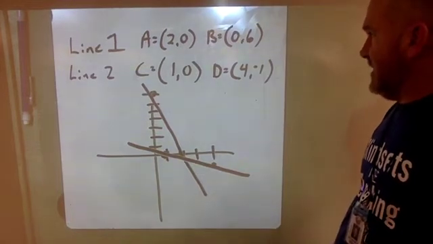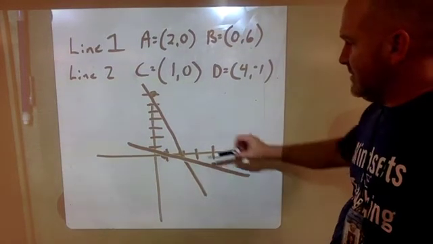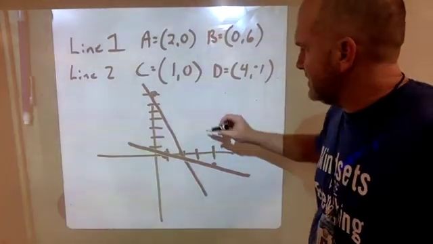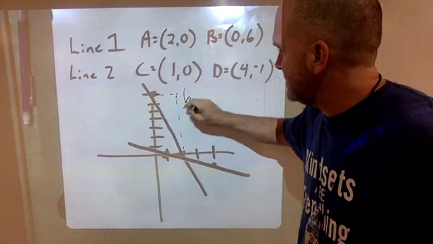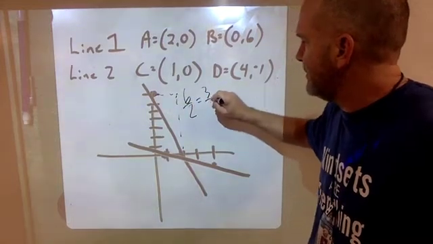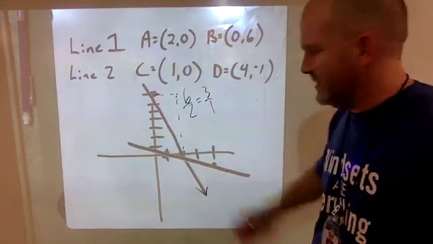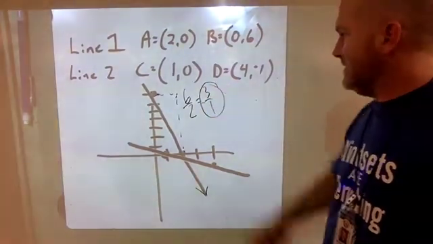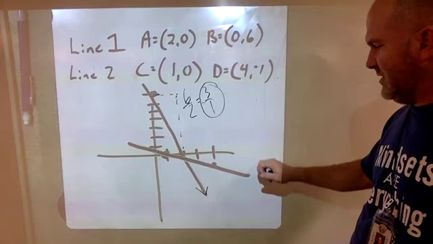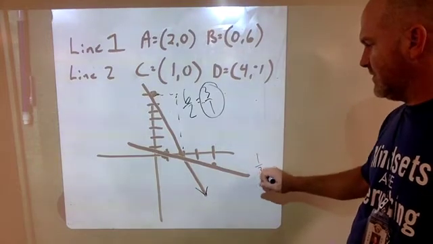So for the first line, (2, 0) and (0, 6), you are going up 6 spaces and over 2, so that's 6/2, which reduces to 3/1, and the line is going down. So it's a negative 3/1. So for these to be perpendicular, this slope would have to be a positive 1/3.